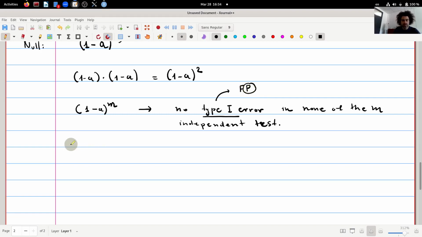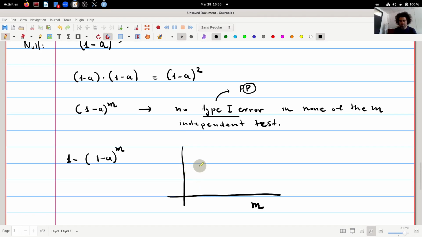Okay, therefore the probability to make at least one type 1 error in these m experiments is 1 minus (1 minus alpha) to the m. Now if we make the graph of this equation as a function of m, where m is the number of experiments, we see the following. If this is 1, so if we make one experiment, then this will be 0.05. It will be the same like alpha.